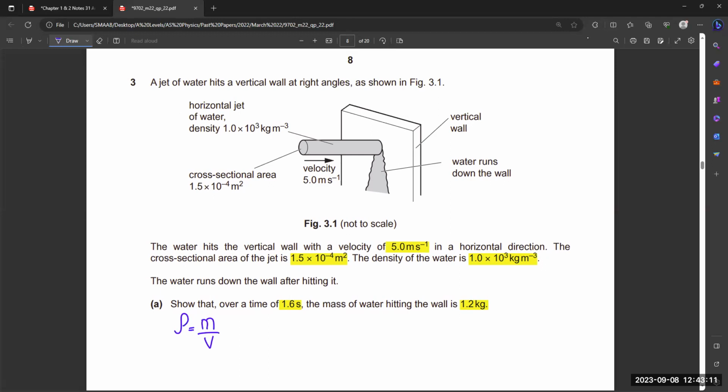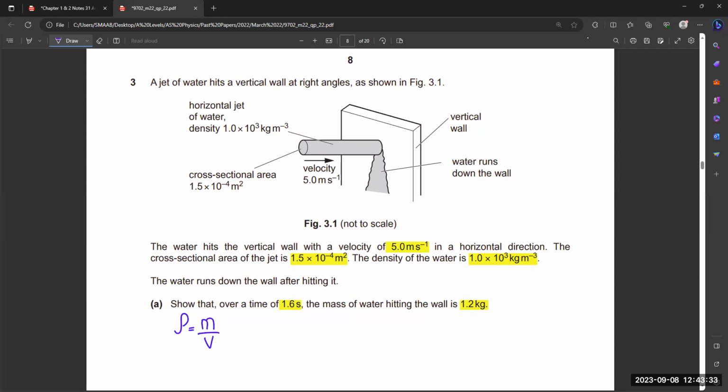How do we find it? Do we use the speed, distance, time formula to find that length? Yes, you may use that if it helps you find the distance, because in the question density, velocity and cross-sectional area are given.